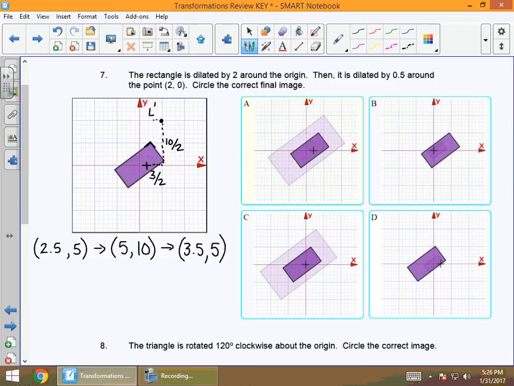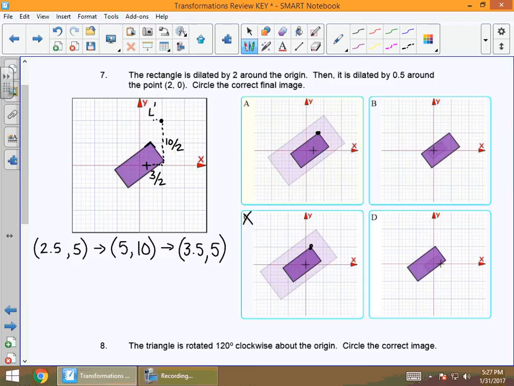As I look at A, this is at 1, 2, 3.5, 5. Yeah, this is right there. That is at 3.5, 5. For C, it looks like it is at 1.5, 5, which would be the wrong place.